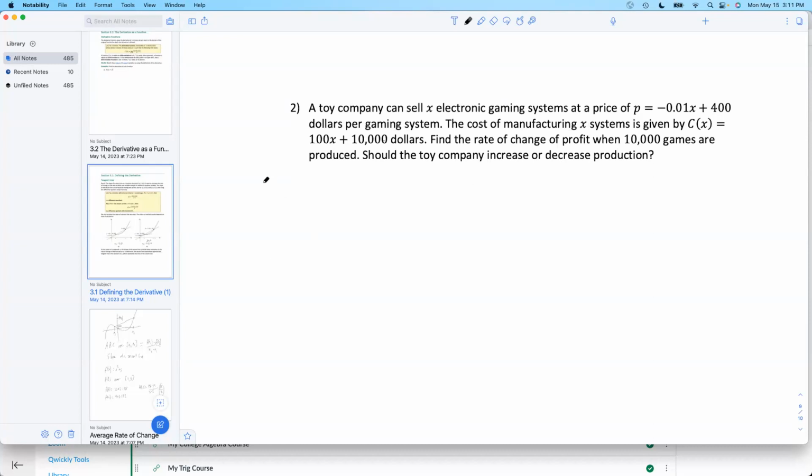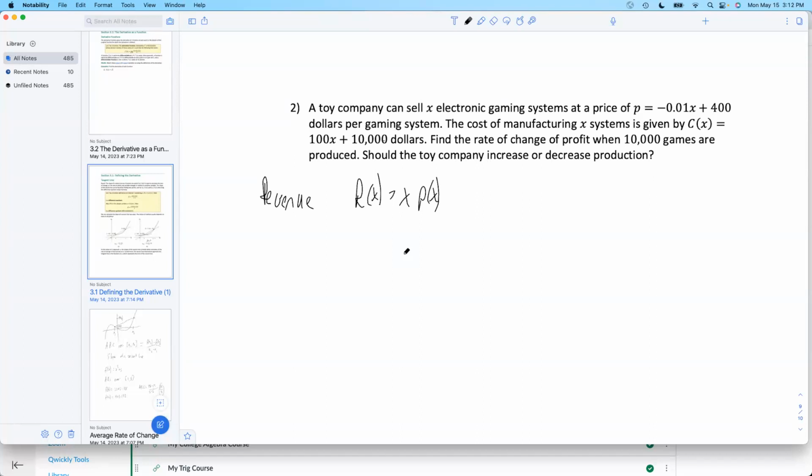Well, first we need to talk about revenue. Revenue, R of x, is how much money you're bringing in for each one you sell. And that's always going to be x times p of x. So if you sell it for $10 and you sell 100 of them, then that would be 100 times 10.